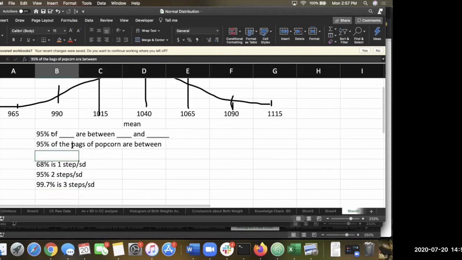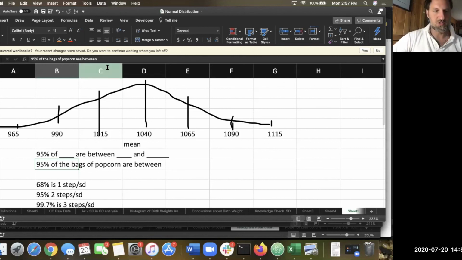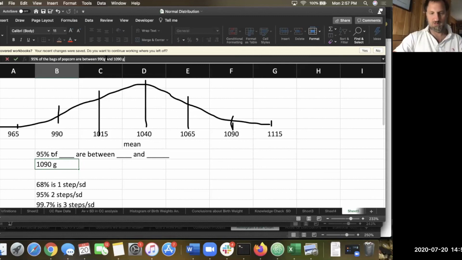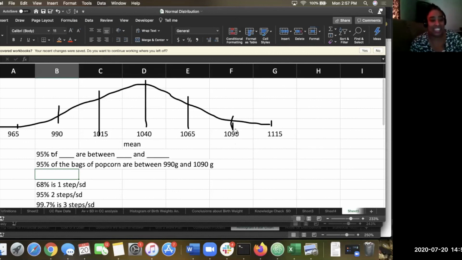Oh, okay. So we have to use that chart you gave us at the beginning. I get it. So, yep, go ahead. 95% of the bags of popcorn are between 990 kilograms and 1,090 kilograms. And I think there are grams, not kilograms, but the right, that's the right idea. Those would be heavy bags of popcorn.